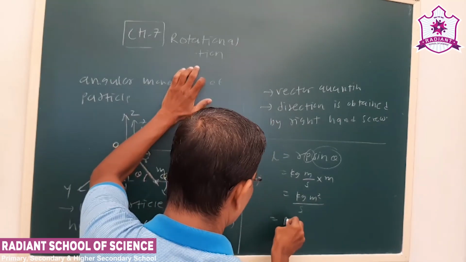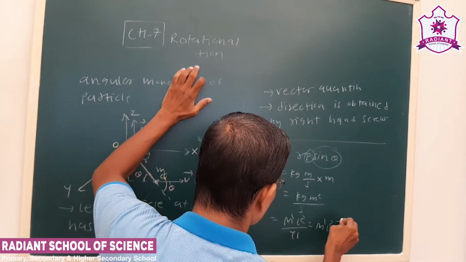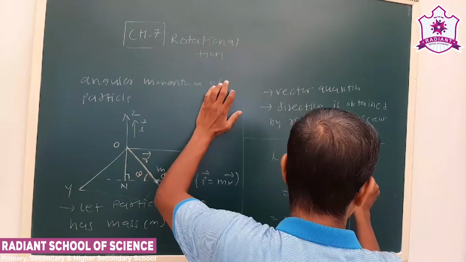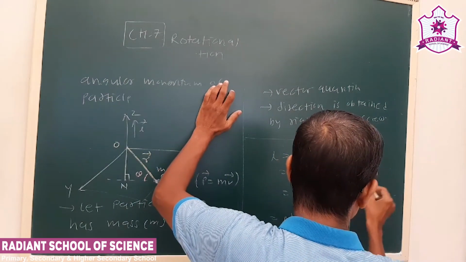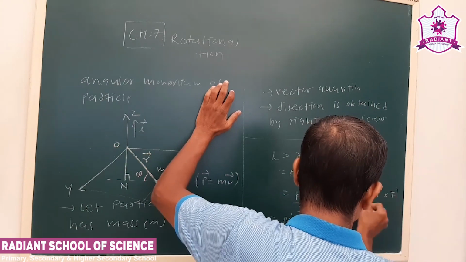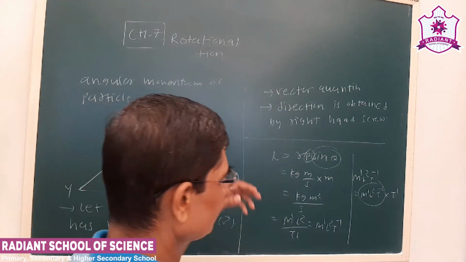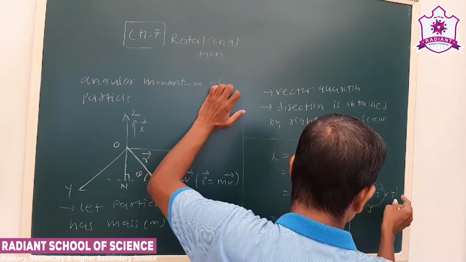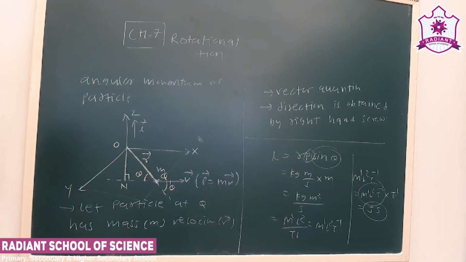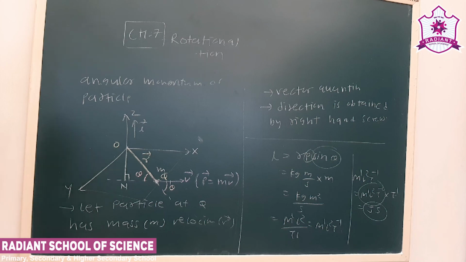If I write the dimension, it is M1 L2 T minus 1, which is M1 L2 T minus 2 into T1. Now M1 L2 T minus 2 is the dimension of work or joule, and time is in second. So another unit of angular momentum is joule second. So this is about the angular momentum of a particle.